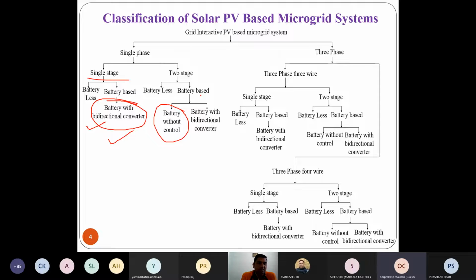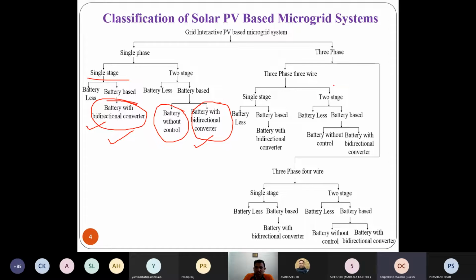So this way we cannot have this without control. We always require control with the battery. However, in case of two stage, you can mechanically switch on and switch off the battery and put this battery without control. However, we also have the facility to put a bidirectional converter to control the battery.